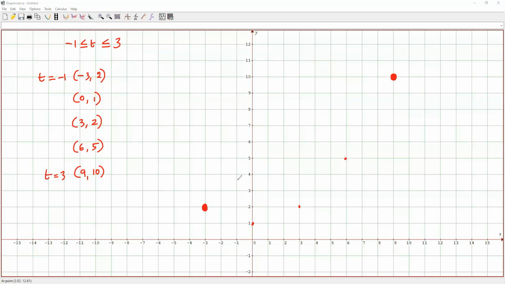We just have to connect all these points by a freehand curve. So we can start from negative 3, 2 and go to 0, 1. Now we have to go to 3, 2 and 6, 5. Finally, we reach 9, 10. Okay, this is the curve we are getting.